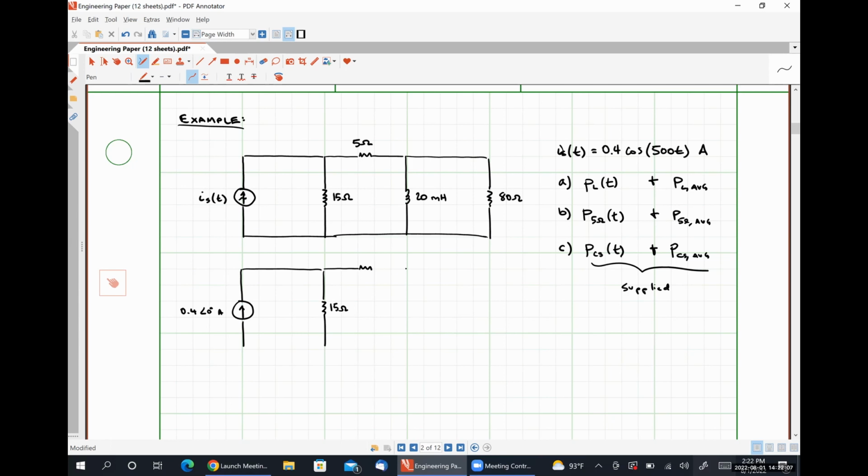Our 5 ohm resistor remains a 5 ohm resistor. We're going to have to convert our inductor into an impedance, which I'll do in just a moment. And then we have our 80 ohm resistor, which is going to stay the 80 ohm resistor over here on the right.